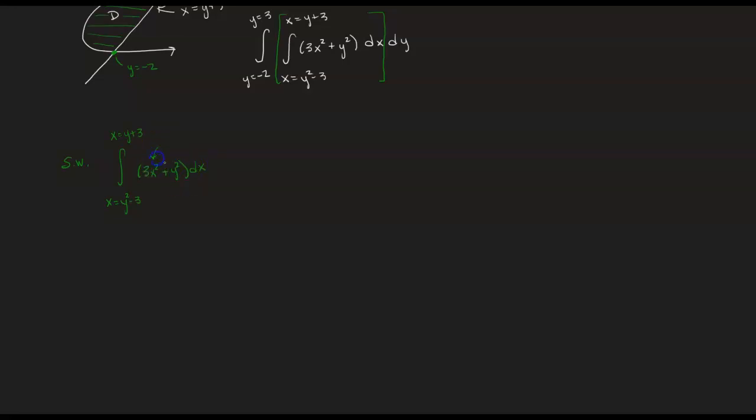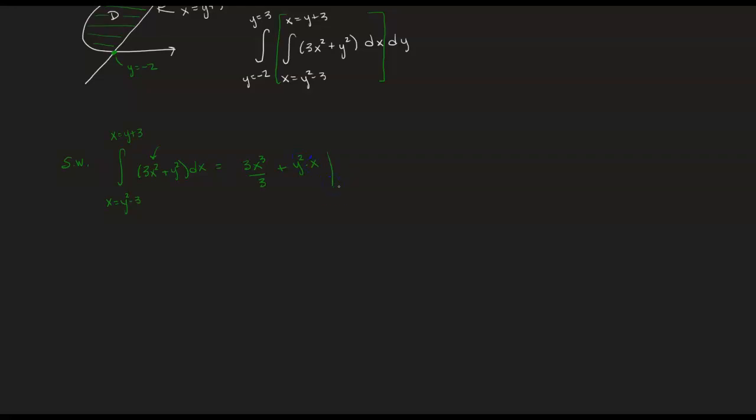X only appears right here. The y squared we'll look at as if it were a constant. So when we integrate term by term, 3x squared becomes 3x cubed over 3, and y squared becomes y squared times x.